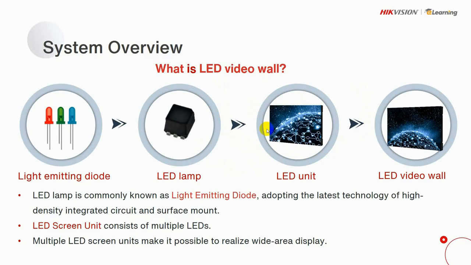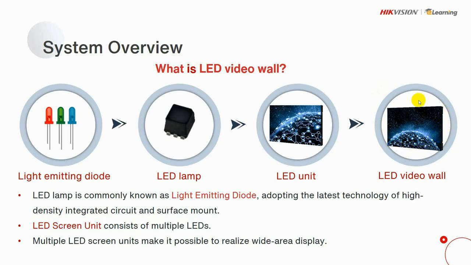Okay? So for example, we have a LED unit with resolution of 256 multiplied by 192, which means it contains 49,152 lamps. Okay? And LED modules or units build up our LED video wall.